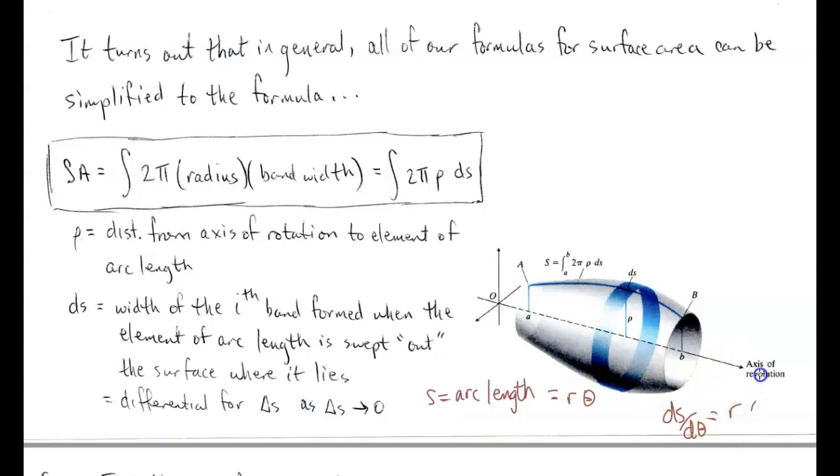And so it turns out that this ds is just going to be whatever your radius is times d theta, okay? Now, depending upon the application, that theta part is going to look a little different, but in all actuality, that's essentially what that ds is. And we'll see how that looks different in the next example that we're going to do.